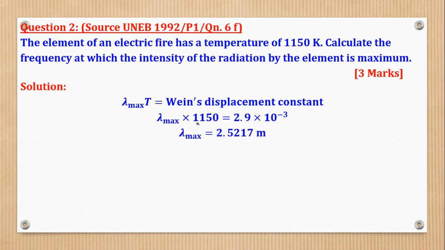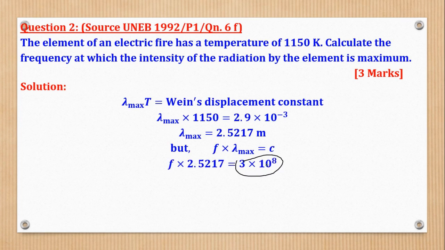So that is wavelength, but the question wants frequency. So you come and remember that frequency times wavelength is equal to speed of light in vacuum. Therefore, come and substitute; this one is also a constant. It will be given in an examination. So what you do, you come and substitute for your lambda max and the constant, then get the value of F. And that's what they wanted.